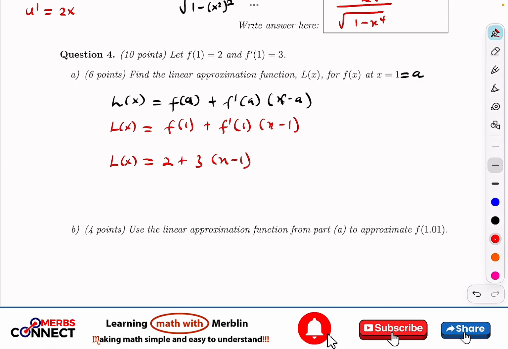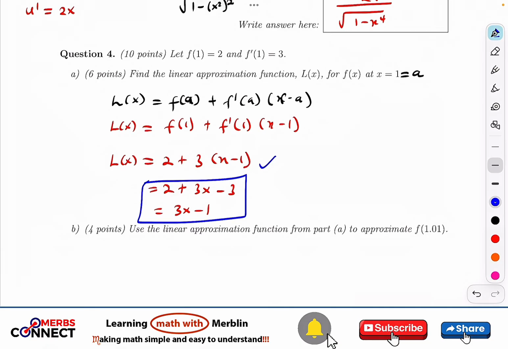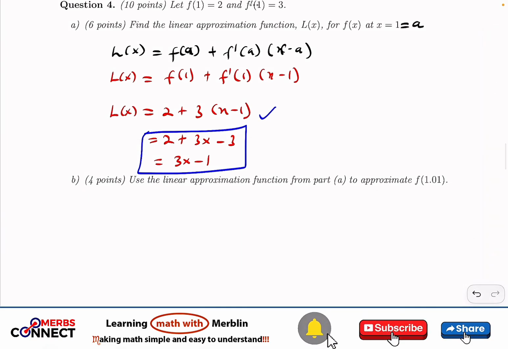If you want to expand this, it is 2 plus 3x minus 3, which is 3x minus 1. If you don't want to expand, you can just leave it this way, without concentrating on the one in blue. Now, part B is asking us to approximate A.